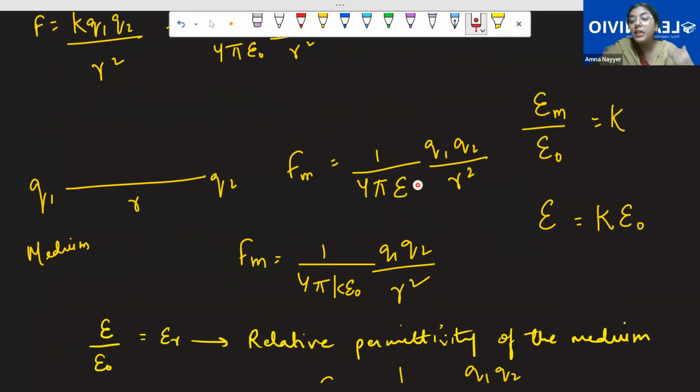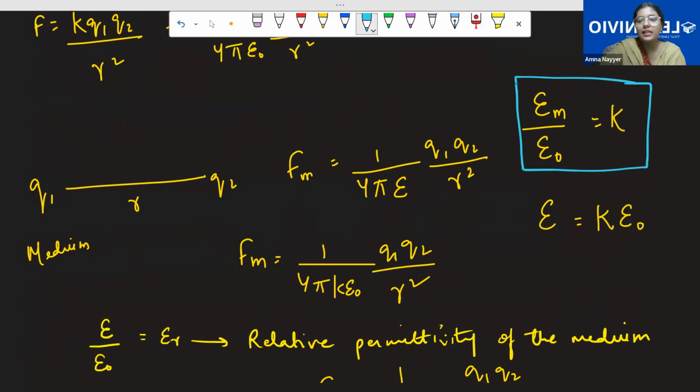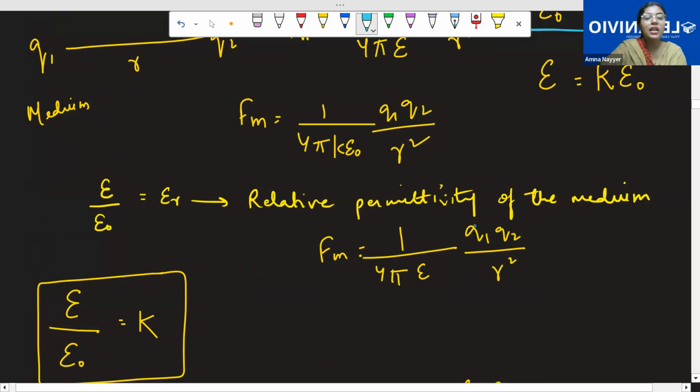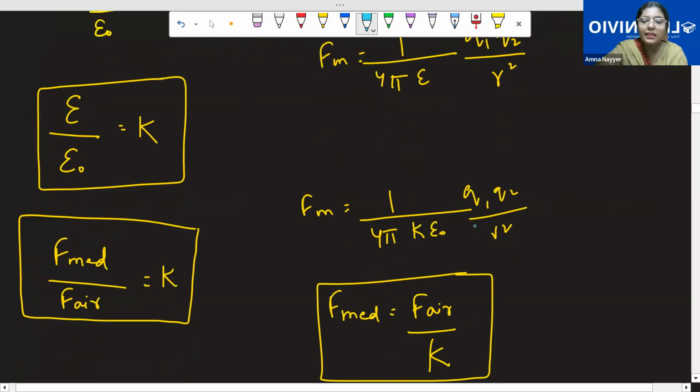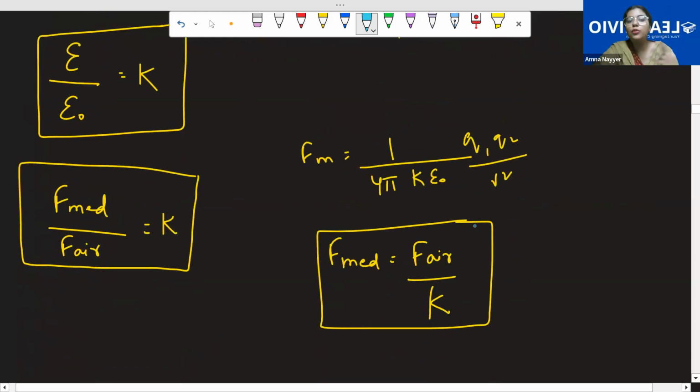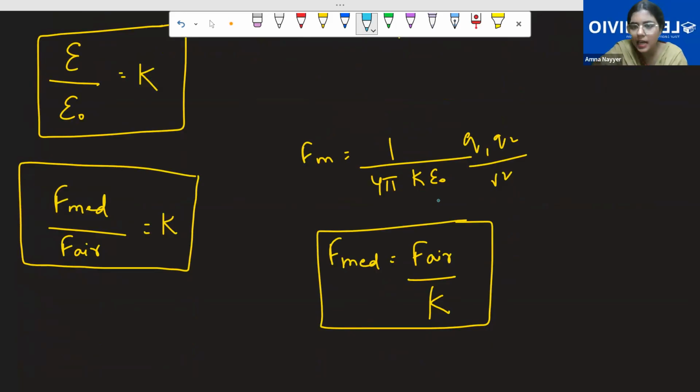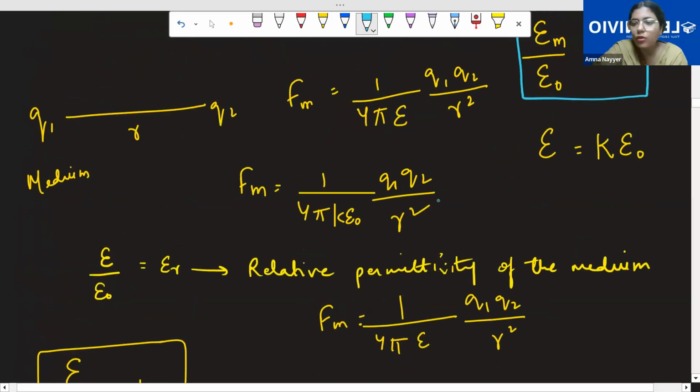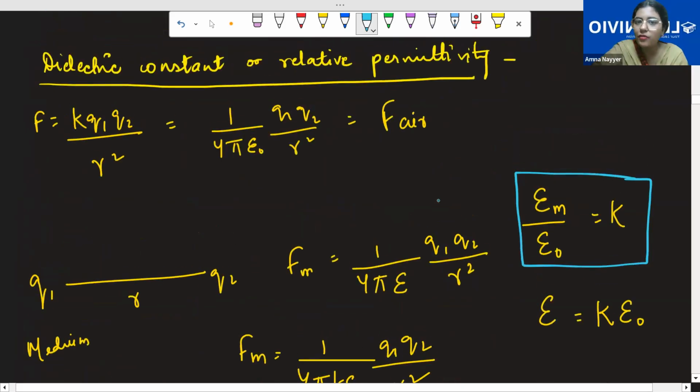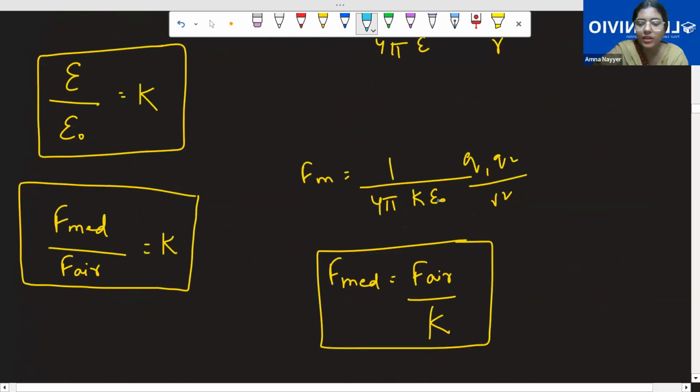Now, epsilon of a medium by epsilon naught is actually equal to the dielectric constant, that is K. So epsilon can be written as K times epsilon naught. So epsilon by epsilon naught gives the relative permittivity of the medium, and we get the relation: force in the medium is equal to force in air by K. I already discussed this whole concept in the last class as well, but as I told you, we'll have a separate topic for dielectric constant, that's why we have discussed it.